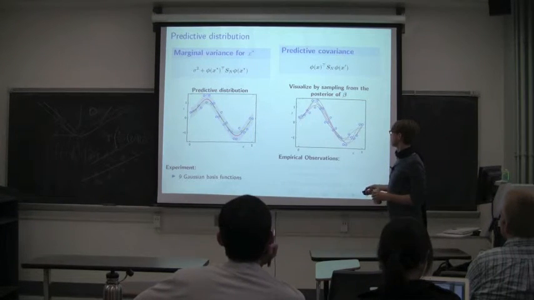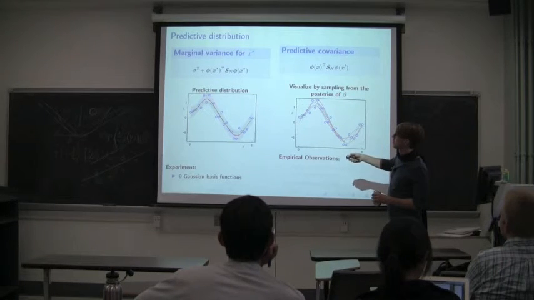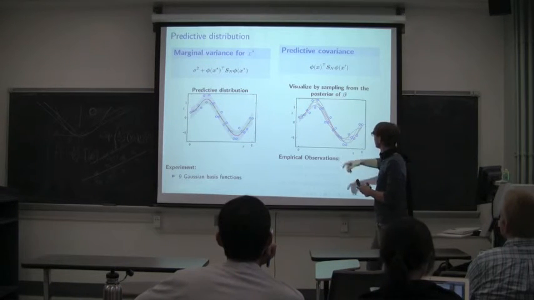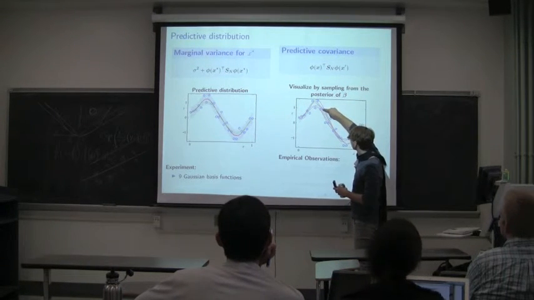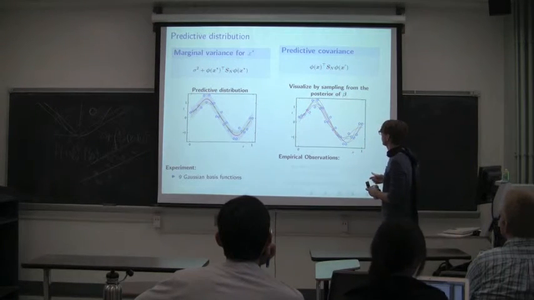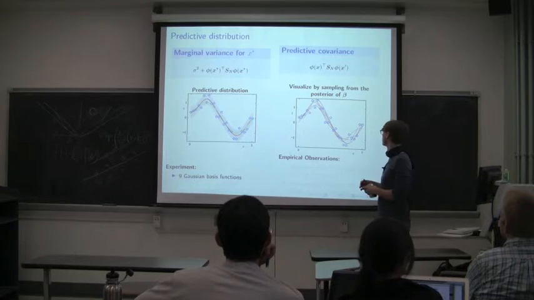And then for many points, the variance goes down everywhere, and the mean also tracks the true function very well. If you look at covariances, basically, how does the function value here and here covary? Well, the covariance is pretty determined here.